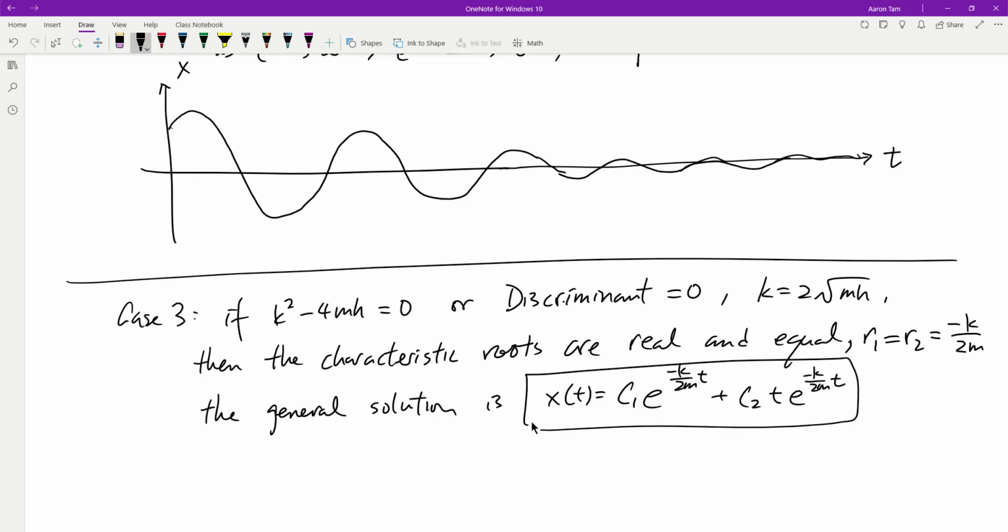What happened in this case is that it actually lies between the overdamping and the underdamping.